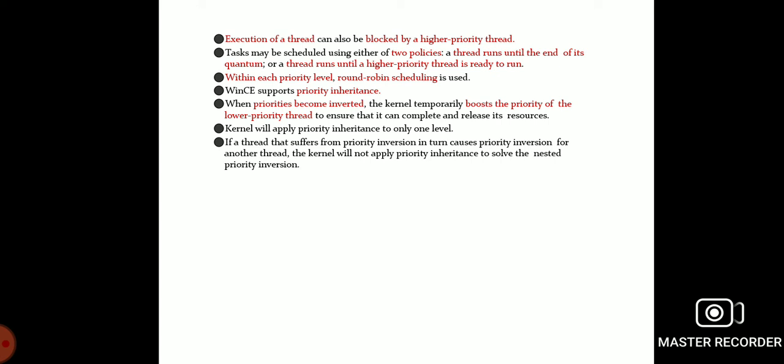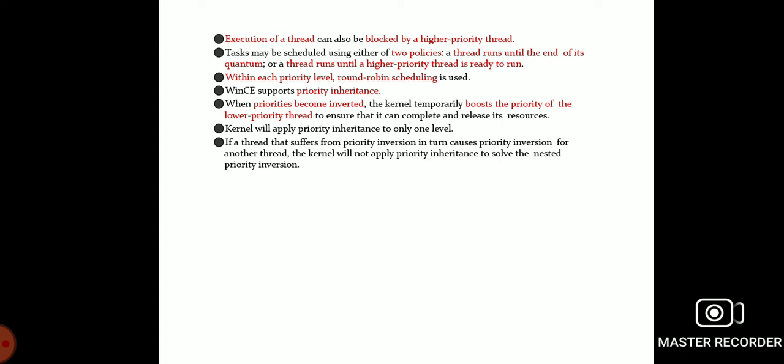The kernel will apply priority inheritance to only one level. If a thread that suffers from priority inversion in turn causes a priority inversion for another thread, the kernel will not apply priority inheritance to solve the next priority inversion.